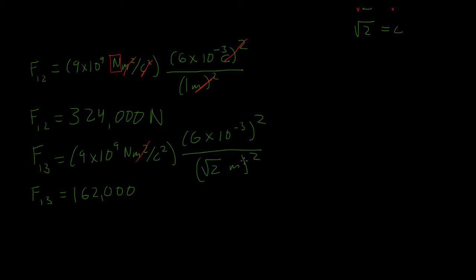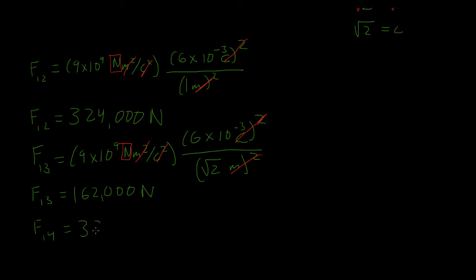Okay, and our units will cancel the exact same way. Meter squared, coulomb squared. And I forgot again to put my coulombs in here. Okay, and we're left with newtons. Okay, so the force between 1 and 4 is going to be the exact same thing as 1 and 2 because the distance between them is the same, the charge is the same, and K is the same, so we're going to get the exact same number.